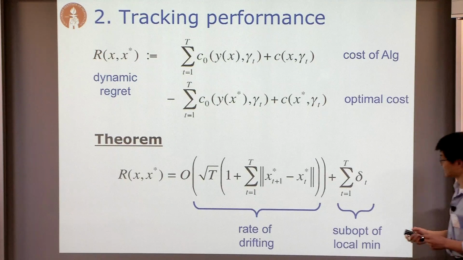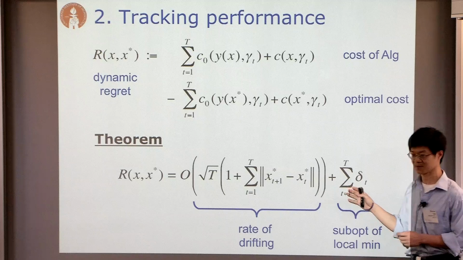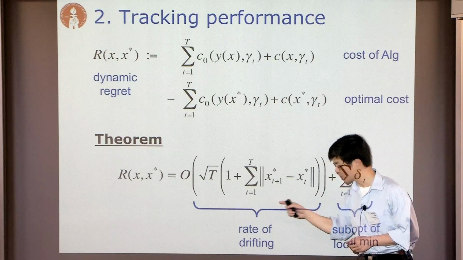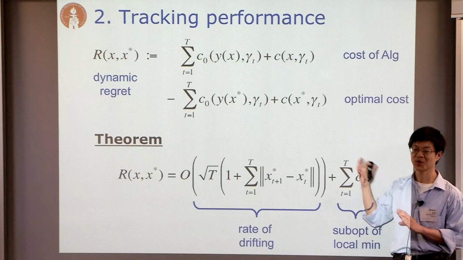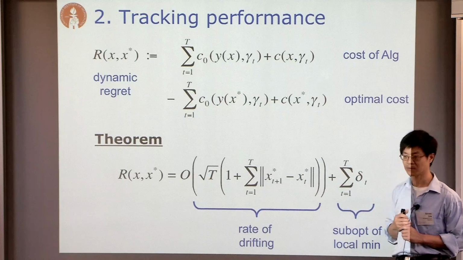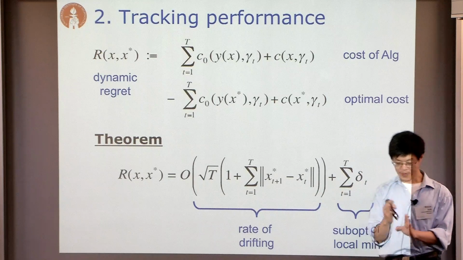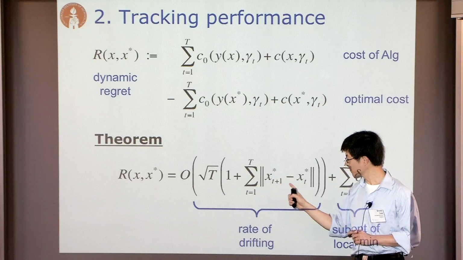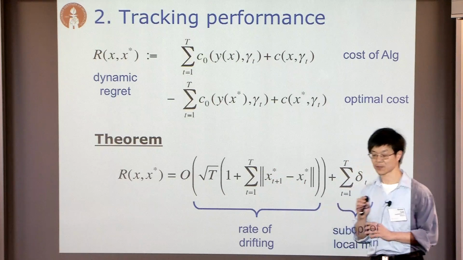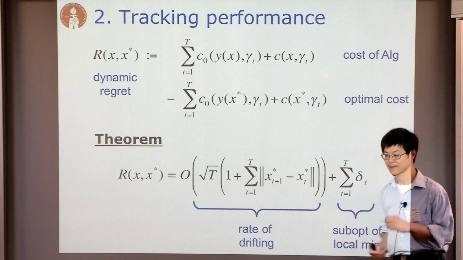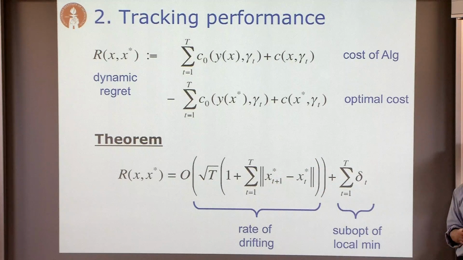And you can bound them, and it has two terms. So the structure is that if the OPF problem doesn't drift very fast, it's all intuitive, it's not surprising, then the bound is low. Right? So the OPF doesn't drift fast is that the optimal solution from t to t plus 1 does not change much. Then this term is small. And this term has to do with this gradient algorithm, just local algorithm.